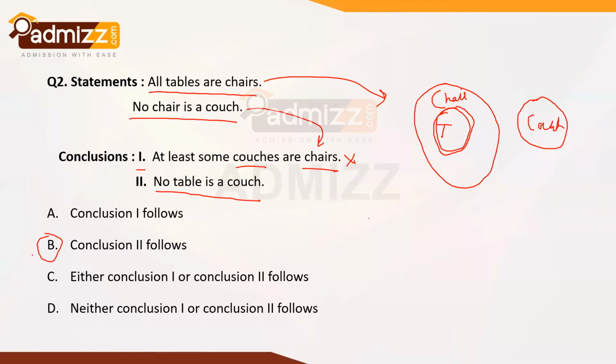If it does not, you can take a screenshot of this particular question and ponder on it for a while in your leisure time as well, because I think it makes good sense this way. Since table is completely within chairs, and since chair and couch do not share any overlap, it must be that T and C do not overlap as well, right?